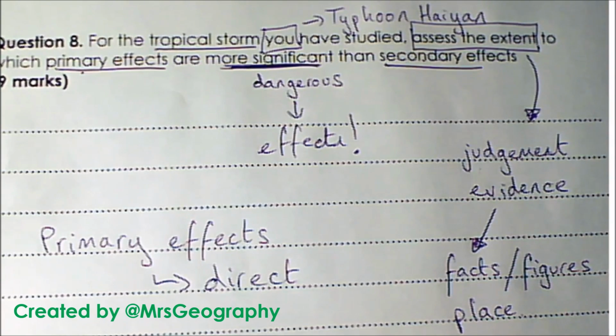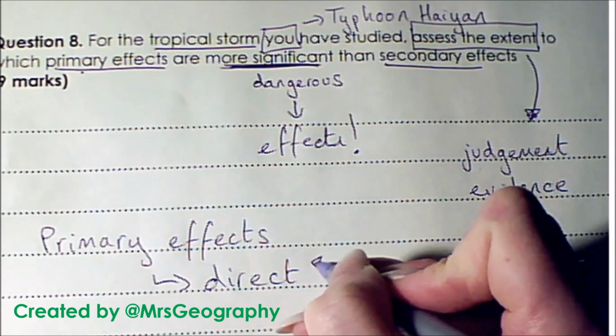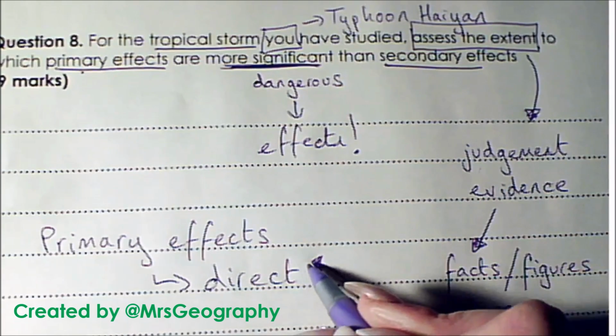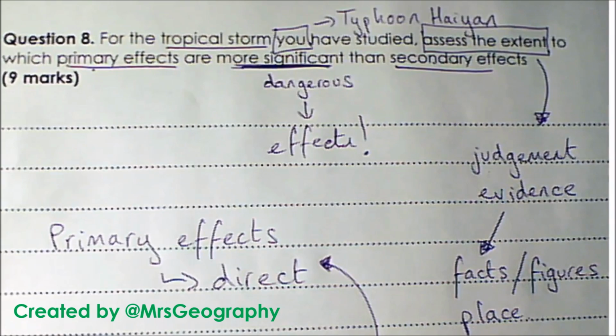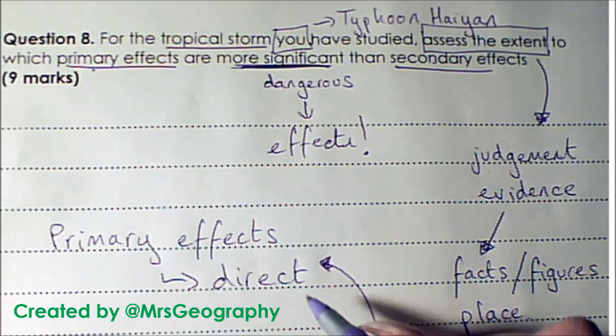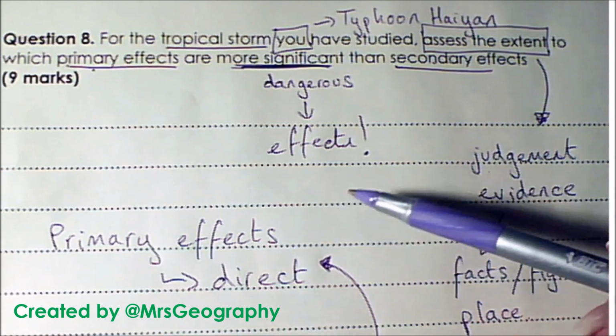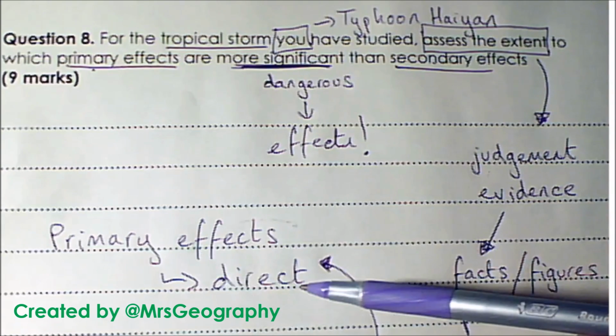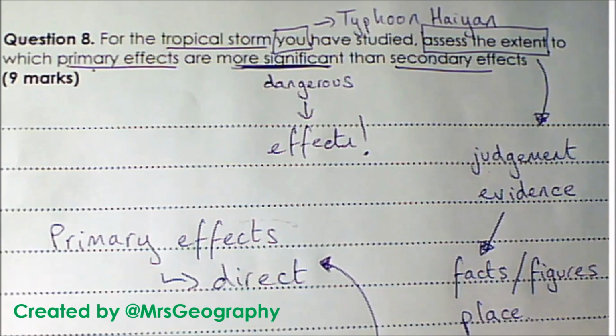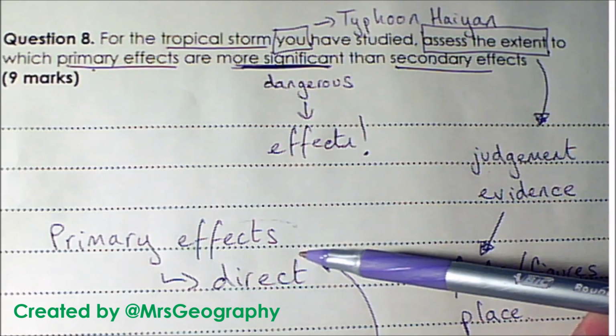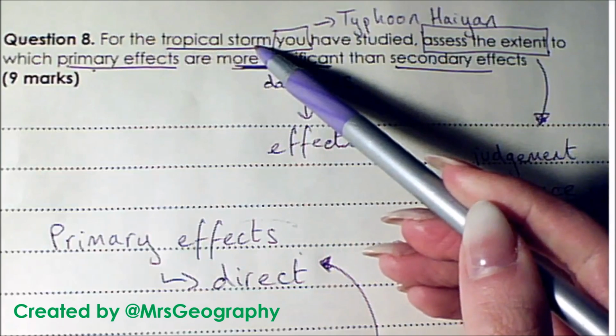Now, a secondary effect usually happens because of the primary effect. It's a knock-on effect. So you need to think of including in this question not only direct effects, but what are the knock-on effects, the secondary effects, because of the typhoon or another tropical storm you have studied.